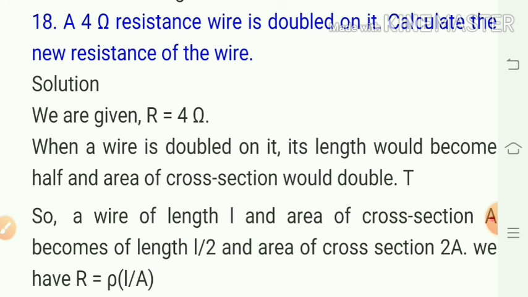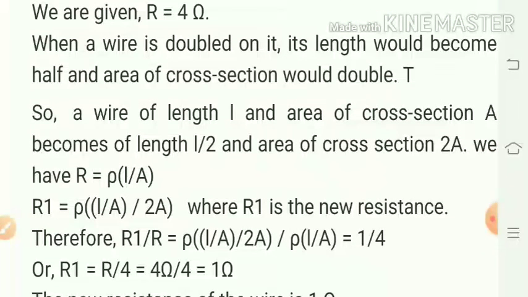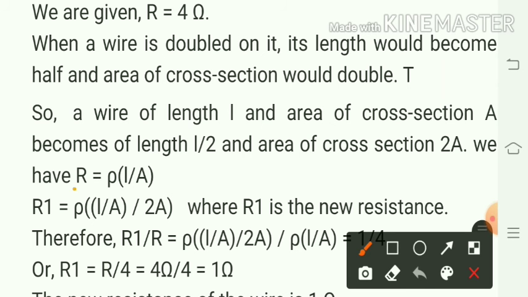That is, a wire of length L and area of cross section A becomes length L by 2 and area of cross section 2A. Therefore, since resistance R is directly proportional to length and inversely proportional to area of cross section, the formula is R equals rho into L divided by A.